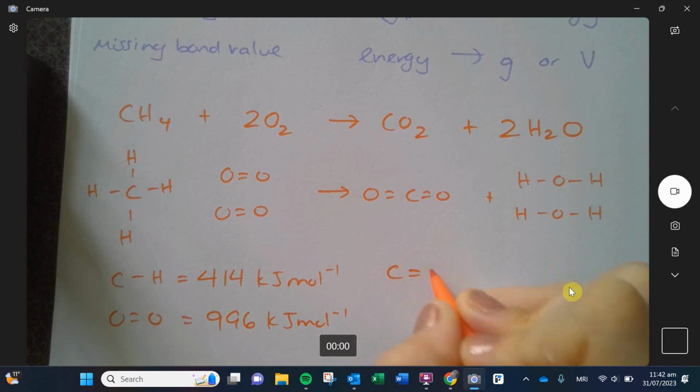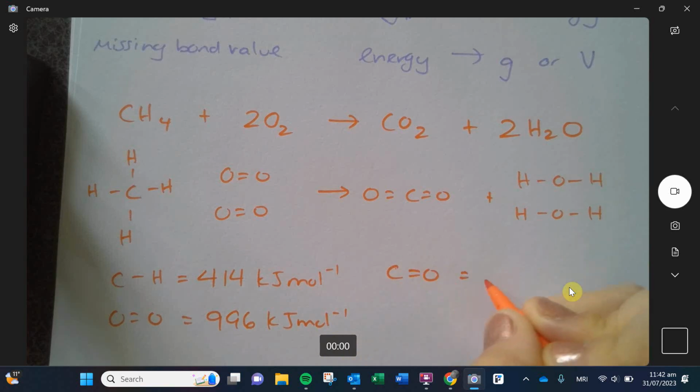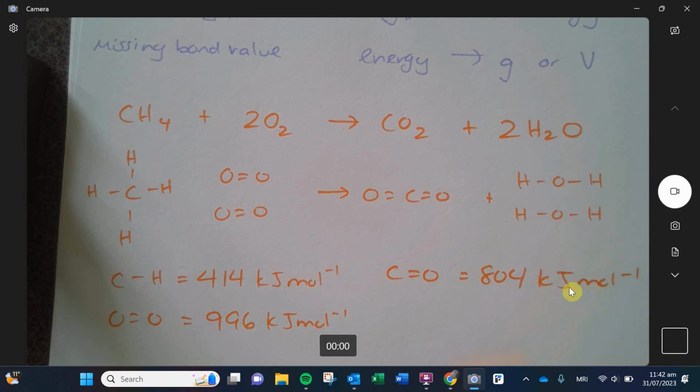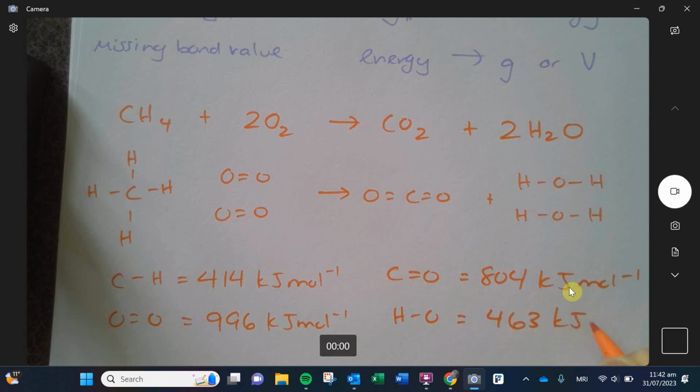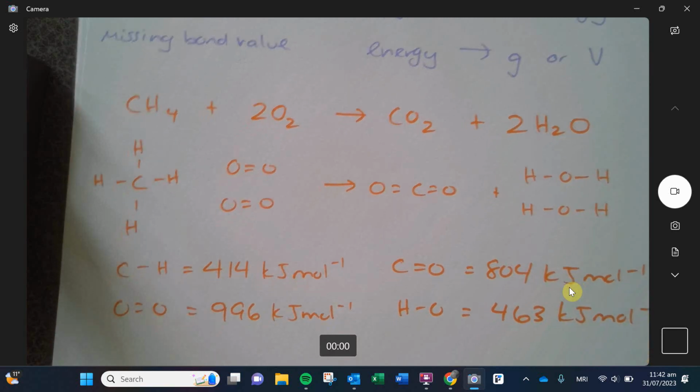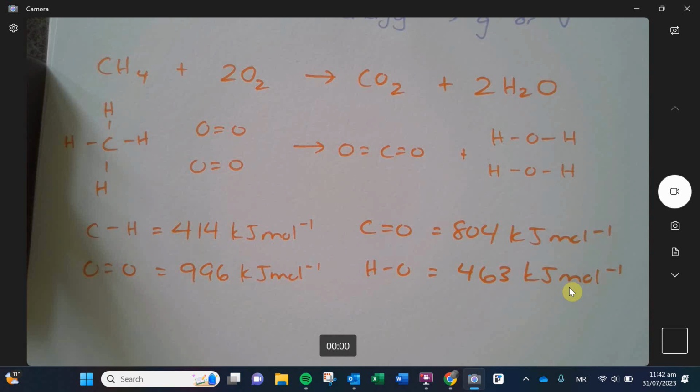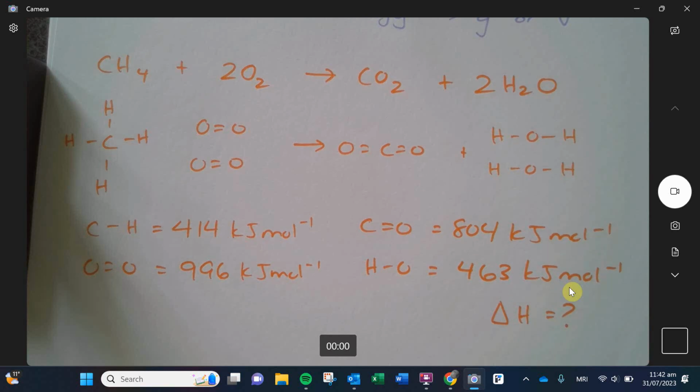They'll tell you that a C double bond C bond is 804, and then the oxygen-hydrogen bond is 463. So it'll give you all these values. And then what they're going to ask you to do is figure out the enthalpy, which is your delta H. That is your unknown. So let's see how we're going to solve that.